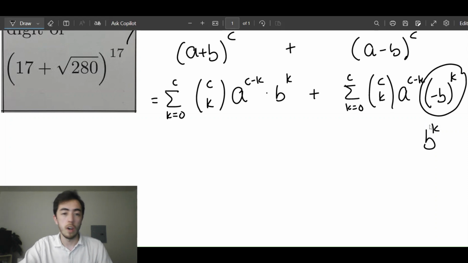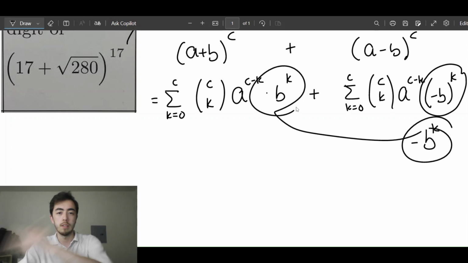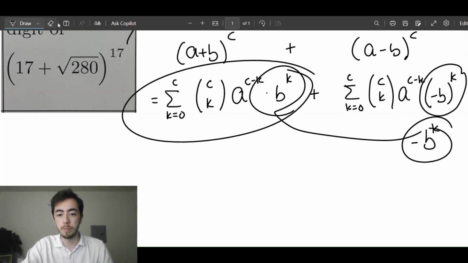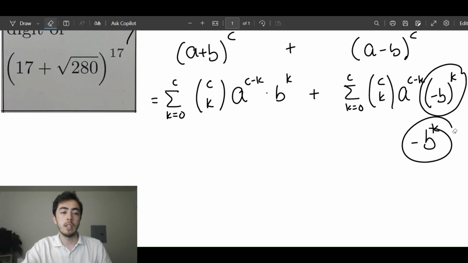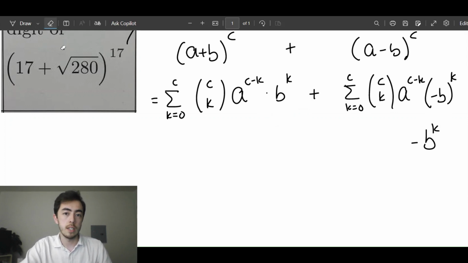If k is odd, then we will get some kind of negative sign out of that. And then this one will actually be the exact opposite, the negative of the term that we have from the left sum. So as we add these two sums together, anytime k is odd, the terms are going to cancel out. And anytime k is even, we're just going to get two of the same number.